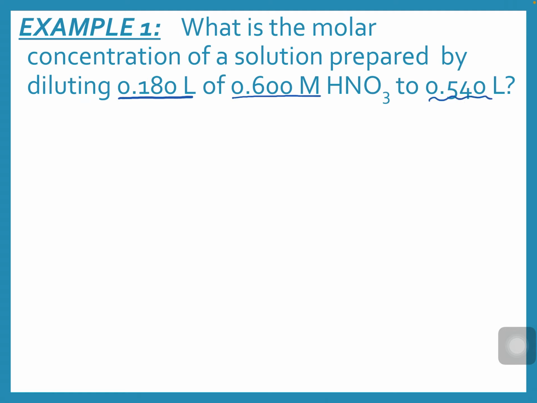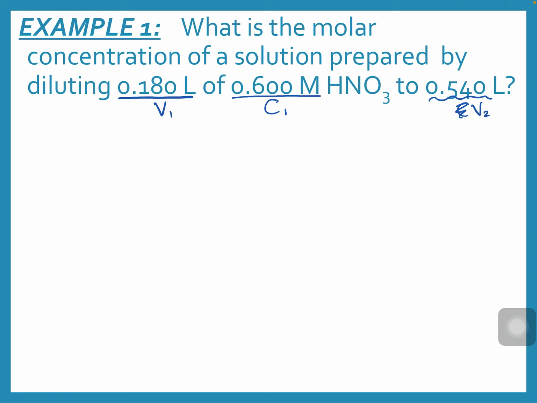So I am diluting this amount of this concentration solution to this amount. What I'm looking for is the concentration. This is an initial volume, this is an initial concentration, and this is going to be a final volume.